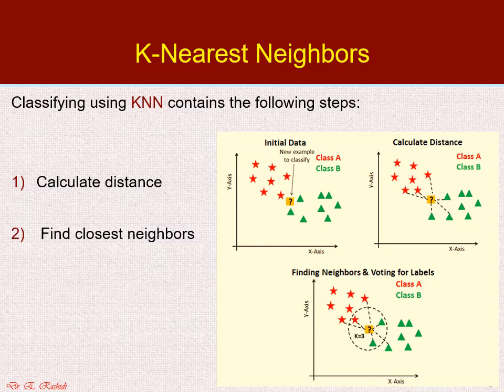So for example, to calculate the distance, because we need to figure out the closest neighbors, we need to find the distance of every data point in our training data and the new data point. And after we find the k closest neighbors, the classification is going to be according to the majority of votes of those k neighbors.